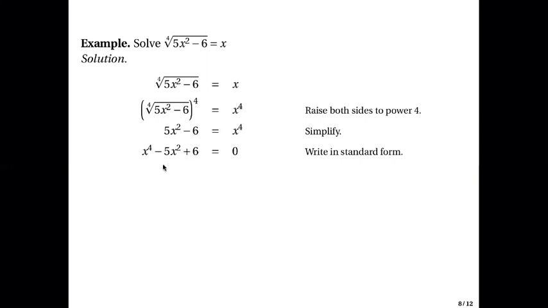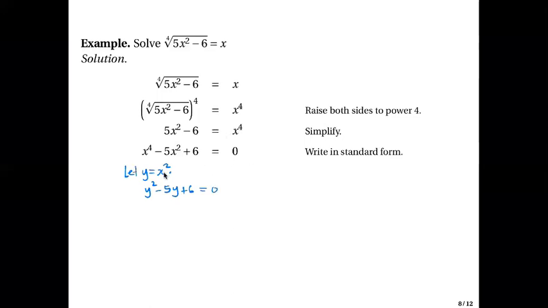And this one here is a quadratic in form, an equation quadratic in form. So we can have the following. Let's say y equals x squared. So this equation becomes y squared minus 5y plus 6 equals 0.